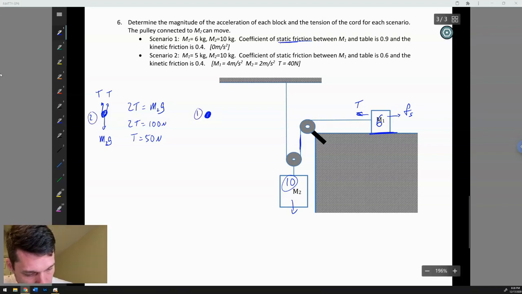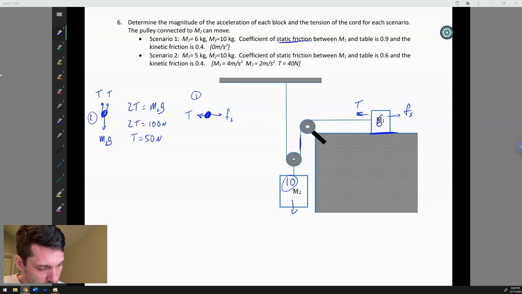M1 is going to have tension to the left, and let's consider static friction to the right. Now it's sitting on the surface, so there's also M1g down and normal force up. So the question: is tension greater or less than static friction?